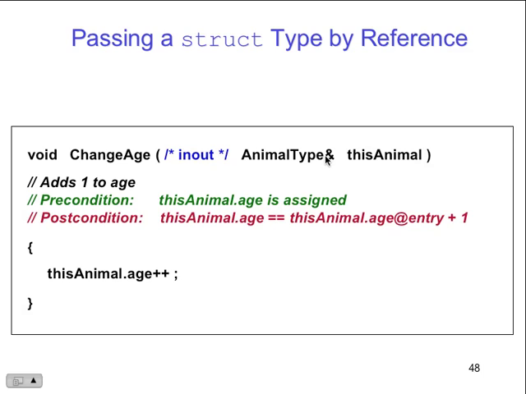But in terms of the syntax, we're using this ampersand symbol to denote that we want the address of, and we're getting the starting address of that particular structure. So it adds 1 to the age, so we say thisAnimal.age++. We're actually changing it, we're using it as a reference.